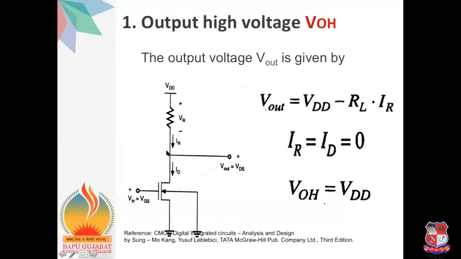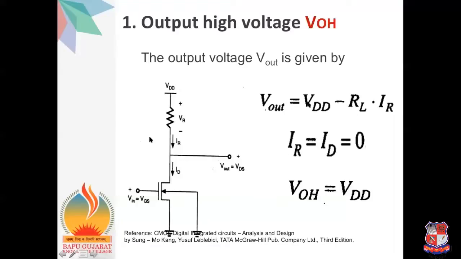So here the Vout equation, applying KCL at this point: Vout equals VDD, the power supply voltage, minus the voltage drop at the resistor, that is IR RL. The voltage is the multiplication of the current passing through the resistor and the value of the resistance.